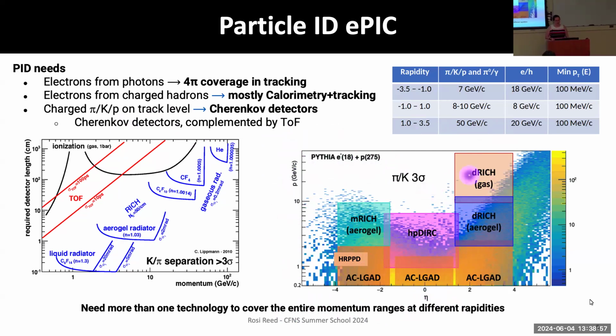The boxes are overlapping on purpose; I wasn't just sloppy with my PowerPoint. There are regions where two PID detectors overlap. This is really trying to separate pions and kaons at the 3 sigma level. So basically, we really do need more than one technology to cover the entire momentum range and the entire rapidity range in order to have our PID.